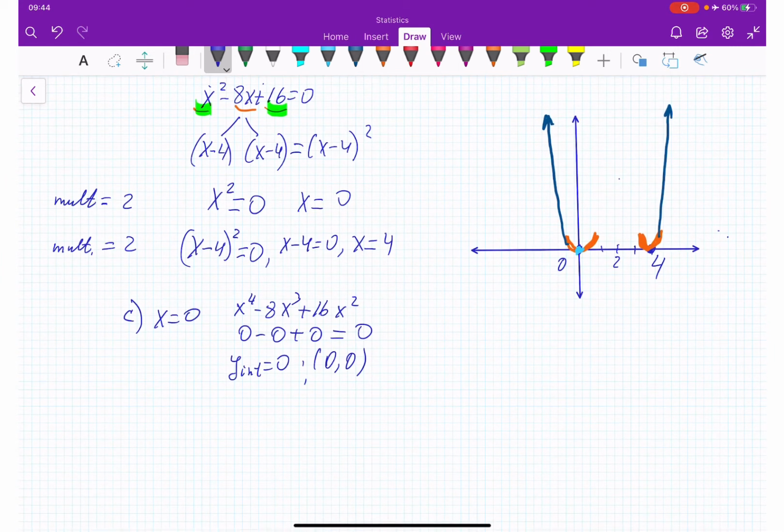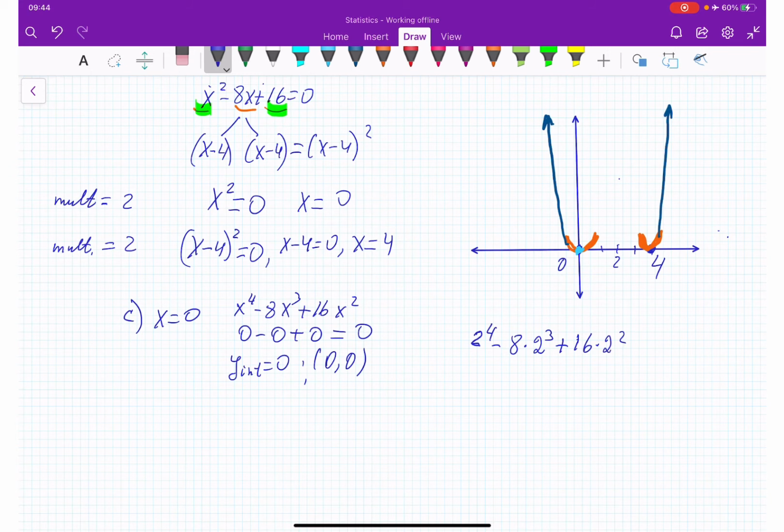I'm writing in this original equation, or in this case expression. So 2 to power 4 minus 8 times 2 to power 3 plus 16 times 2 to power 2.